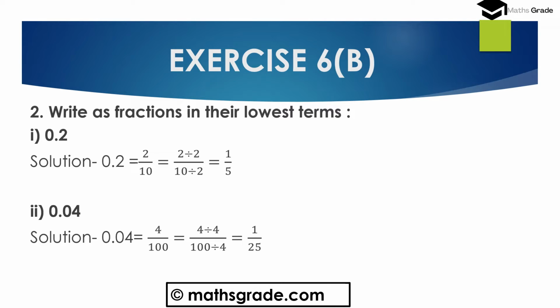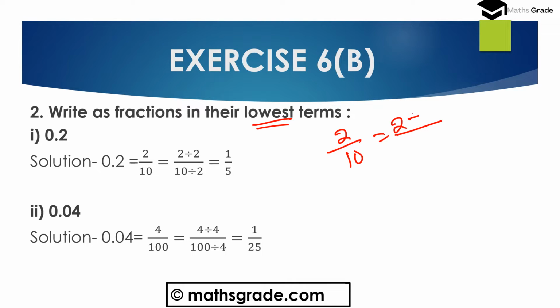Now question number 2. Write as fractions in their lowest terms. First part, 0.2. After the decimal point there is only one digit, 2, so we divide 2 by 10. Now find the highest common factor of the numerator 2 and the denominator 10, which is 2.